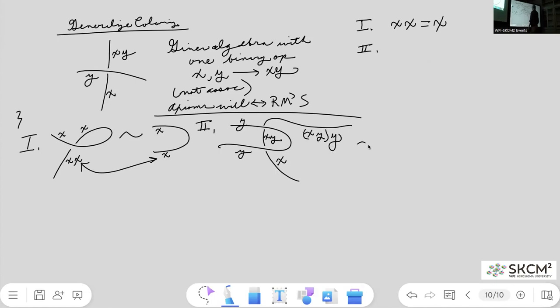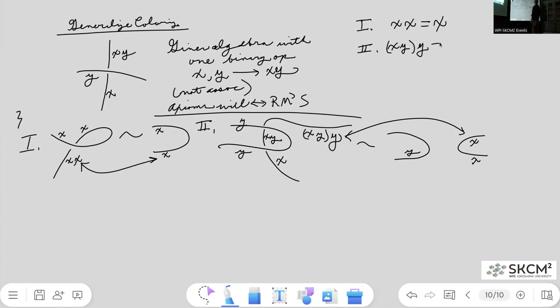But you want that to be the same as if you had this labeled entirely y and this labeled entirely x. And so that suggests that this should be x. And there's the second axiom: (x times y) multiplied by y should be equal to x.